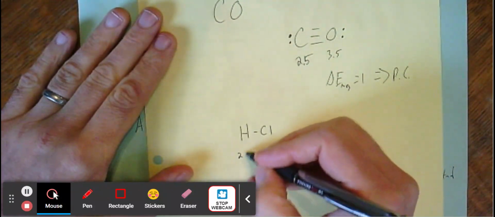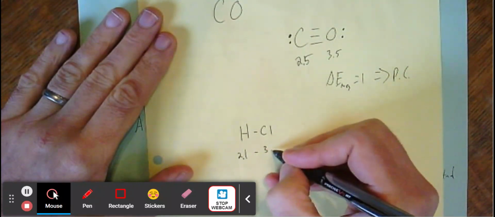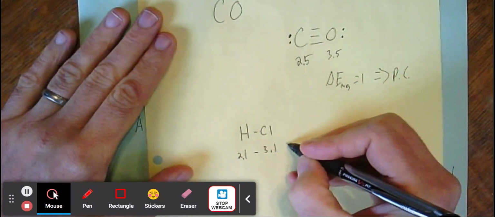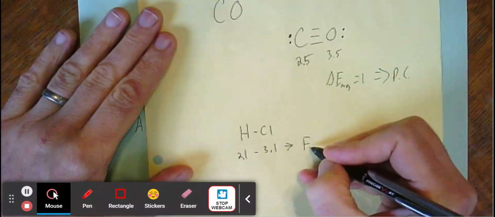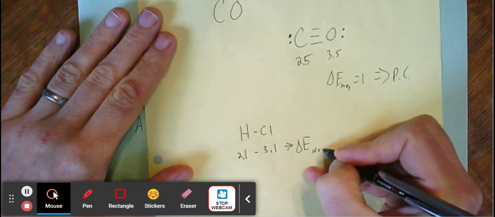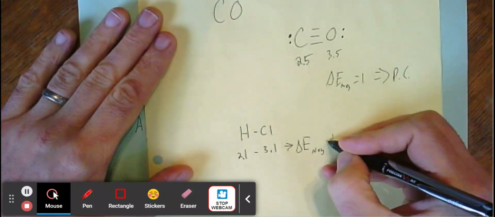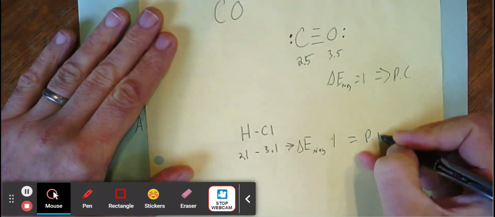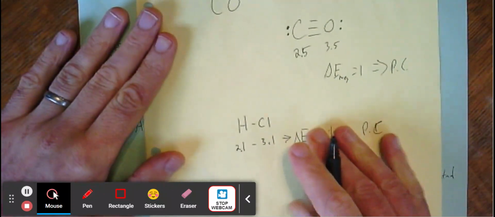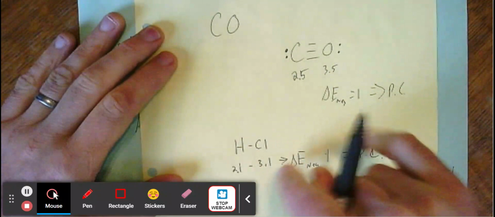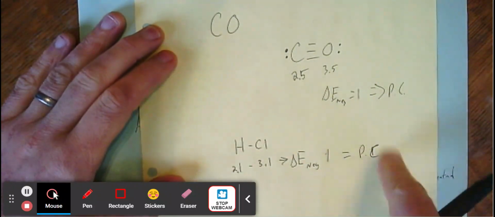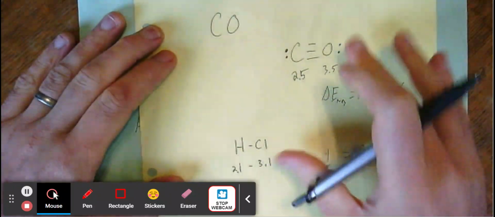HCl. Well, H is 2.1, Cl is 3.1, delta eneg is 1, therefore polar covalent. Two different nonmetals, polar covalent. There are some exceptions, but that's a general trend.